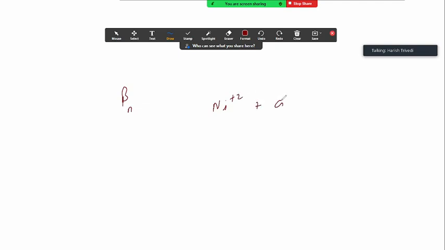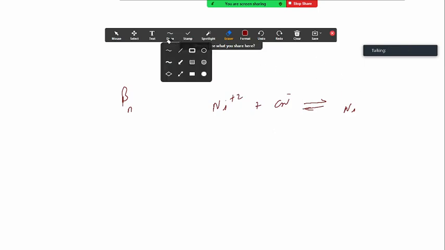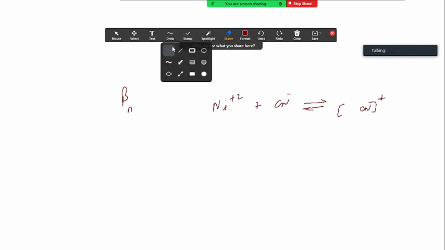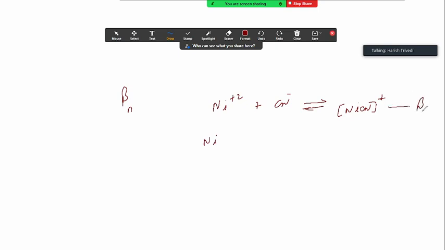When it reacts with CN minus ion, first it will give you NiCN plus, overall one plus charge, and this is beta 1.